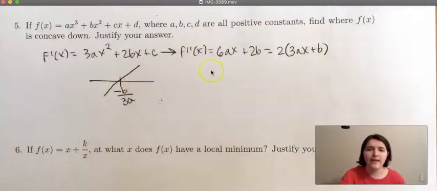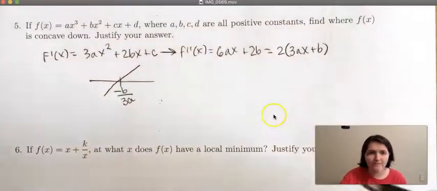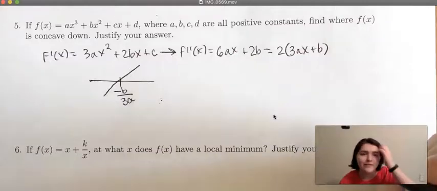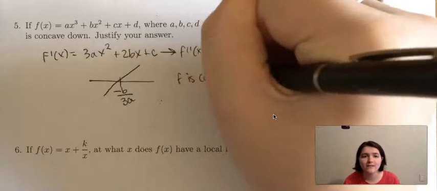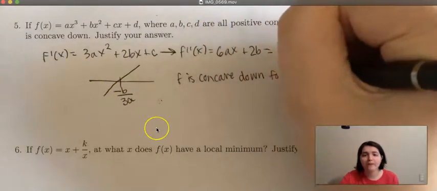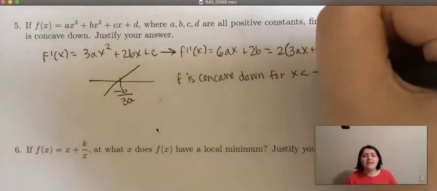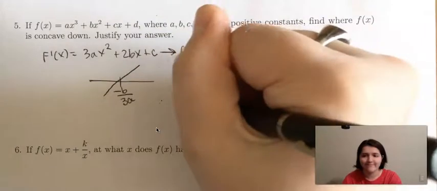So that's our point. And then we know because this is positive, we want to do a positive slope line. And that's how we have our sign chart right there. And we know that f is concave down when the second derivative is less than 0, when it's negative. So this is where it's negative. So we know that f is concave down for negative infinity to negative b over 3a.